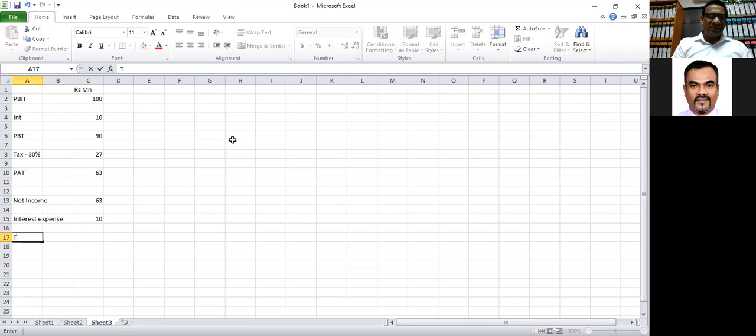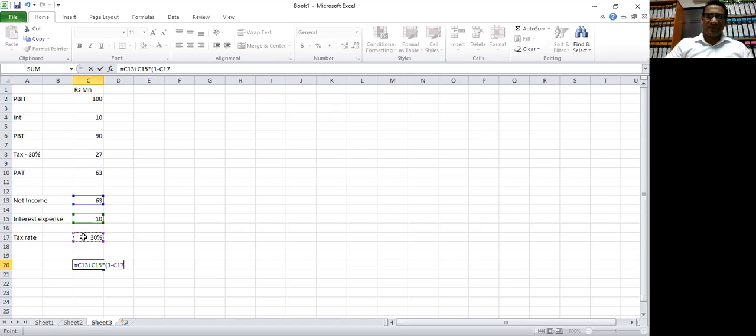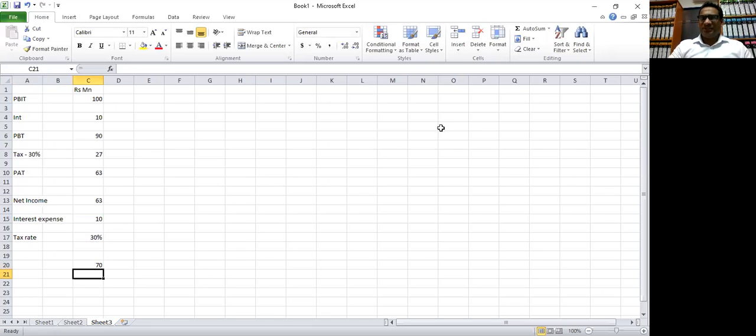Tax rate we know is 30%. So the numerator in the formula is net income 63 plus interest expense 10 into 1 minus 30%. It should be 70.